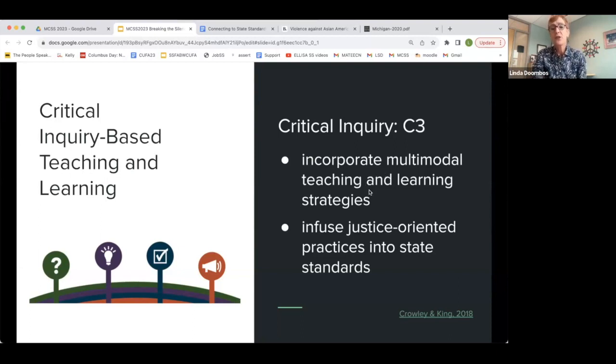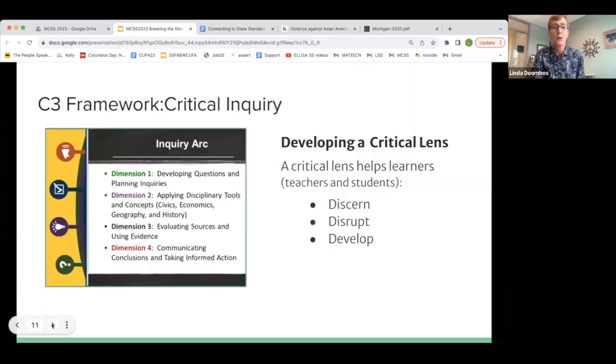And we can infuse justice-oriented practice as we bring this work, and I've really been inspired by the work of Crowley and King, who talk about not just inquiry for inquiry's sake, but inquiry for the purpose of having kids examine oppression and examine abuse, good use and bad use of power.